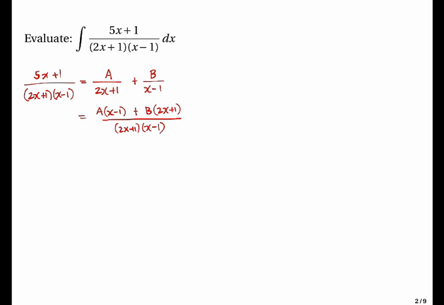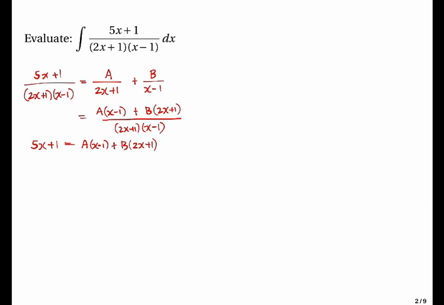So we will have the equation 5x plus 1 equals A times x minus 1 plus B times 2x plus 1. So we solve for the values of A and B, and to do that, we can substitute a value for x that will make one of A or B disappear in the equation.